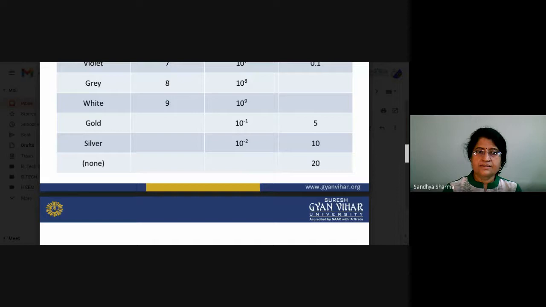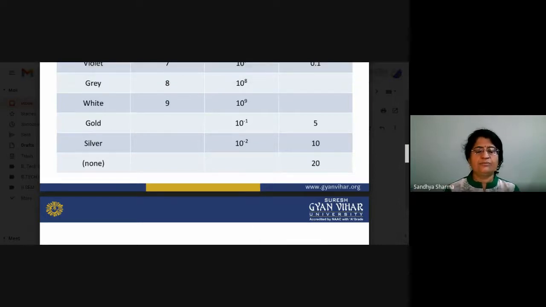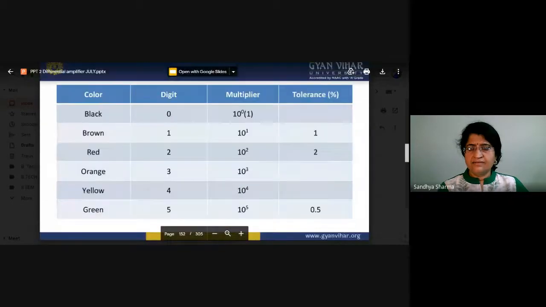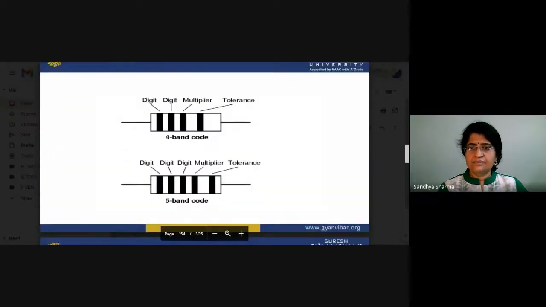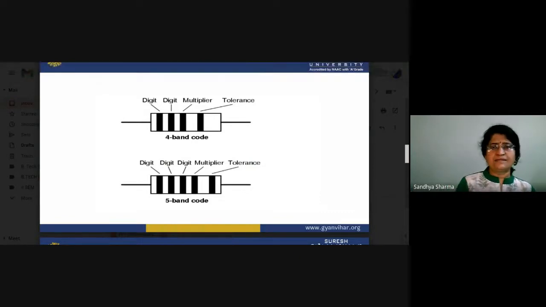Gold and silver basically range into the minus side, that is 10 to the power minus 1 and 10 to the power minus 2, and there are tolerances as well. We will see this in some numerical terms, not pure numericals, but we can represent it.